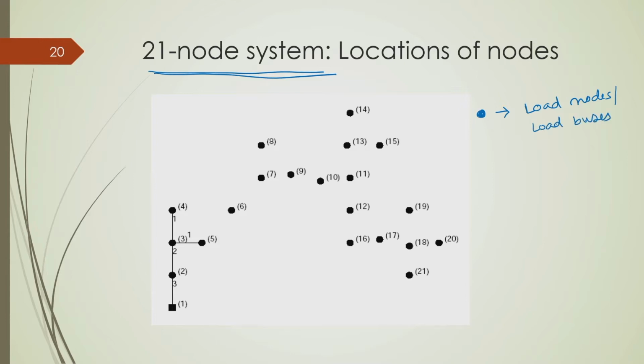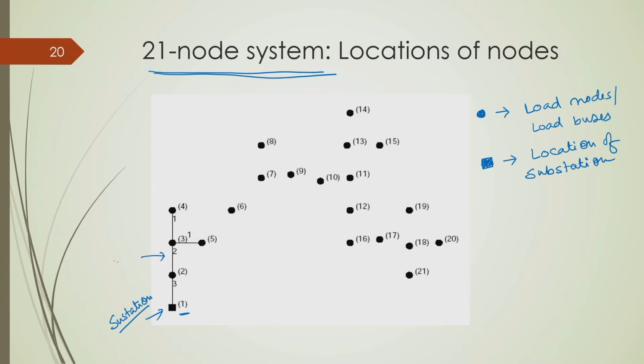So, here we have some load demand, and this symbol is representing the location of substation. Here you can see at bus number 1, we have a substation located. Okay.